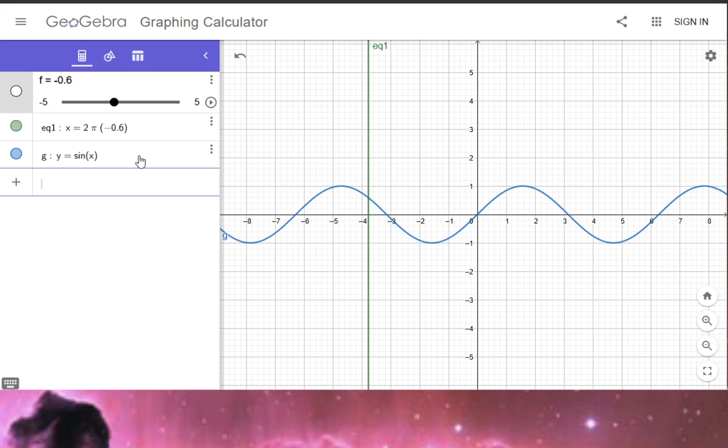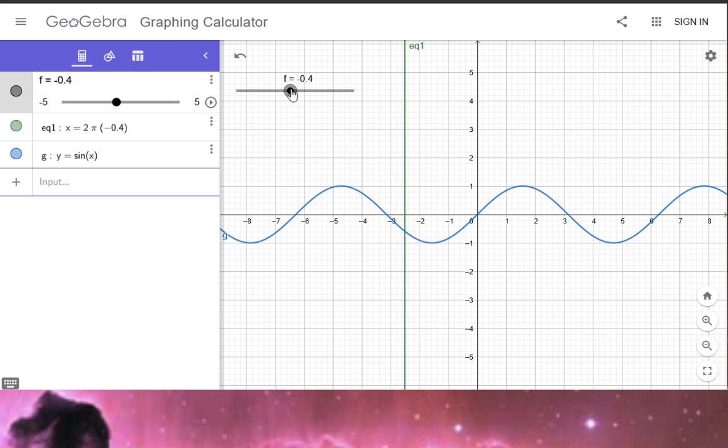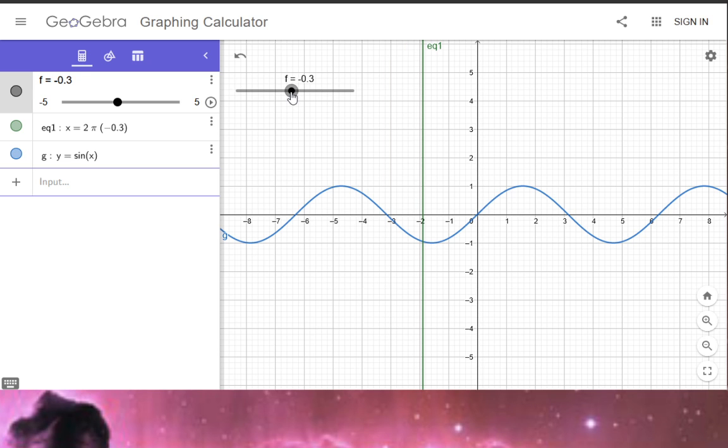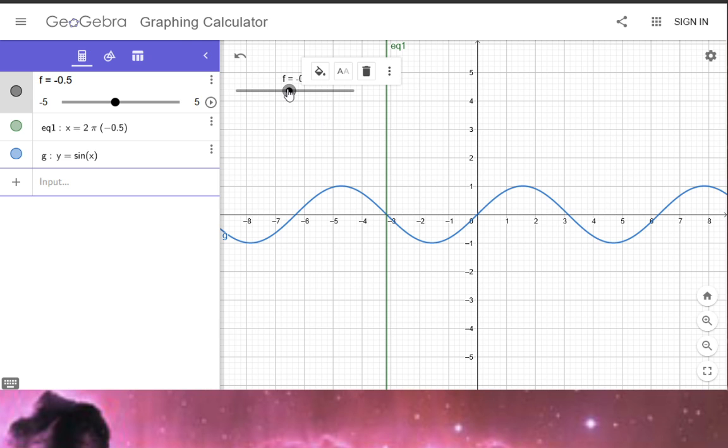This is G. It could be because what it's doing, if you notice, is that for every value, it's tracing this value on the sine wave.